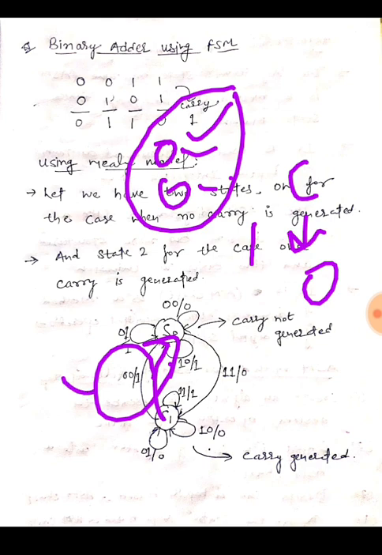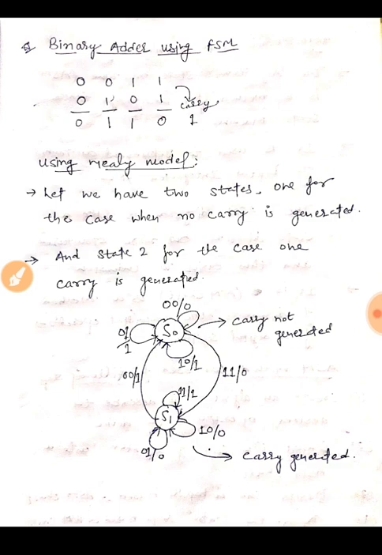So in this particular case, input is 0 0, so output would be 1 as I have shown on the transition line, and it will move to the state S0 again as there is no carry generated. So this is how we can design a binary adder using a simple finite state machine. We can also draw it using the Moore model, so you can try to implement a binary adder using a Moore model of FSM.